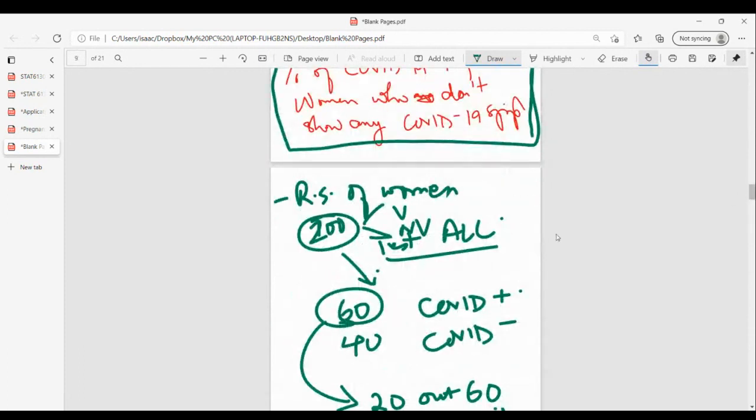And this is the only way I could think of that you could actually do that. You have to take some random sample. You have to know the patients. You have to administer a COVID test to all 200. And if you want to be fancy, you could do the vaccinated and the unvaccinated.